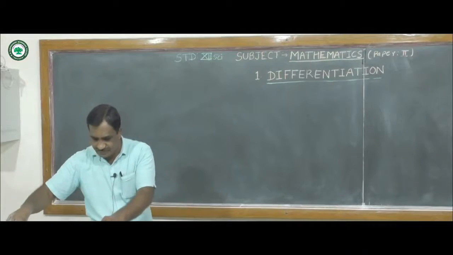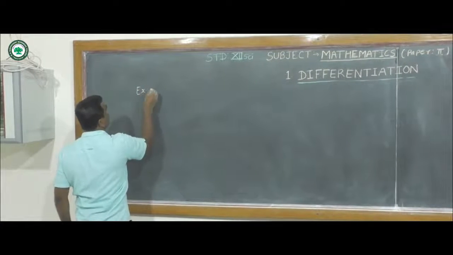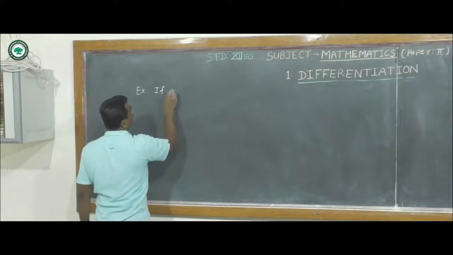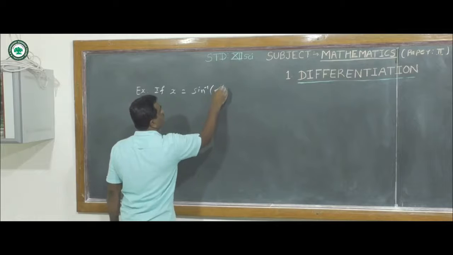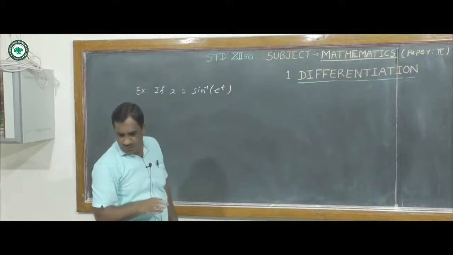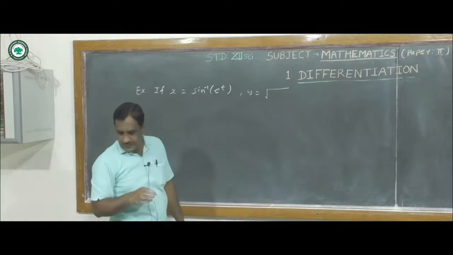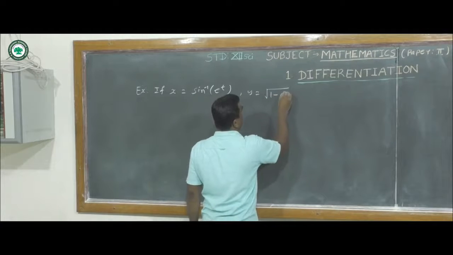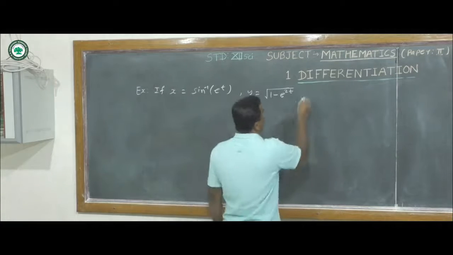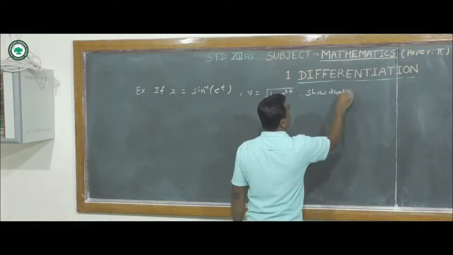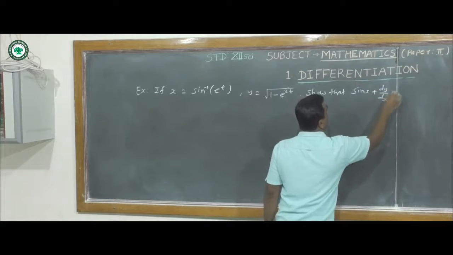Now the next example is, if x is equal to sin inverse of e raised to t and y is equal to under root 1 minus e raised to 2t, then show that sin x plus dy by dx is equal to 0.